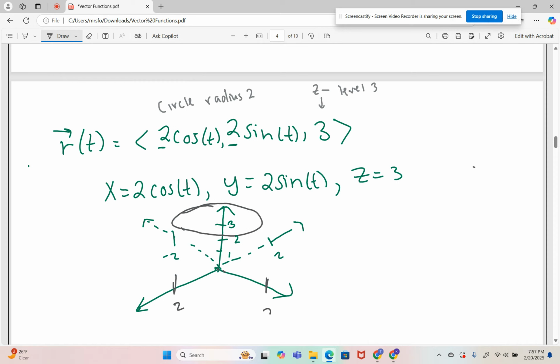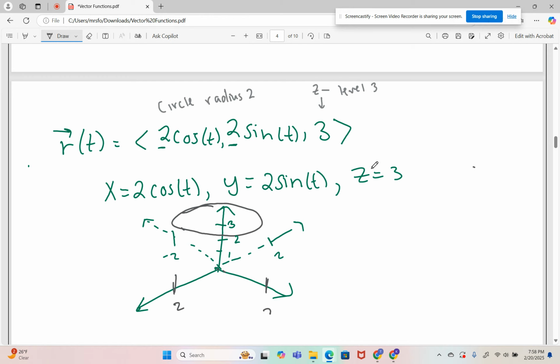I also think about a graduated cylinder in science class. I remember in elementary school they said, get eye level so you can get a correct measurement of the water. So that's what I think about here, getting eye level with it. And you see it's a circle, radius 2, and it's at level 3, when z equals 3.